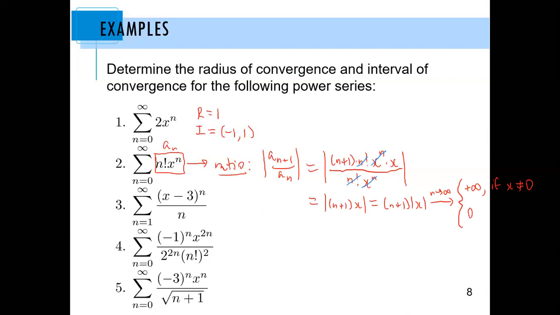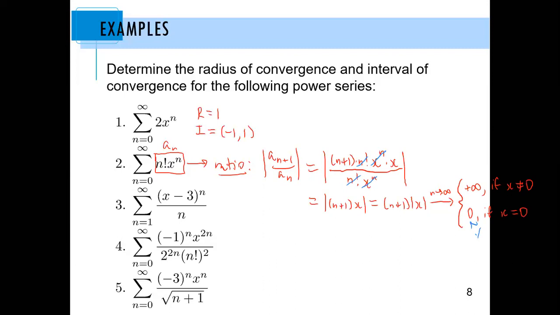It's actually 0 if x equals 0. So is it ever possible to make this limit less than 1 if x is different from 0? No. Of course, in the case x equals 0, 0 is obviously less than 1, right?